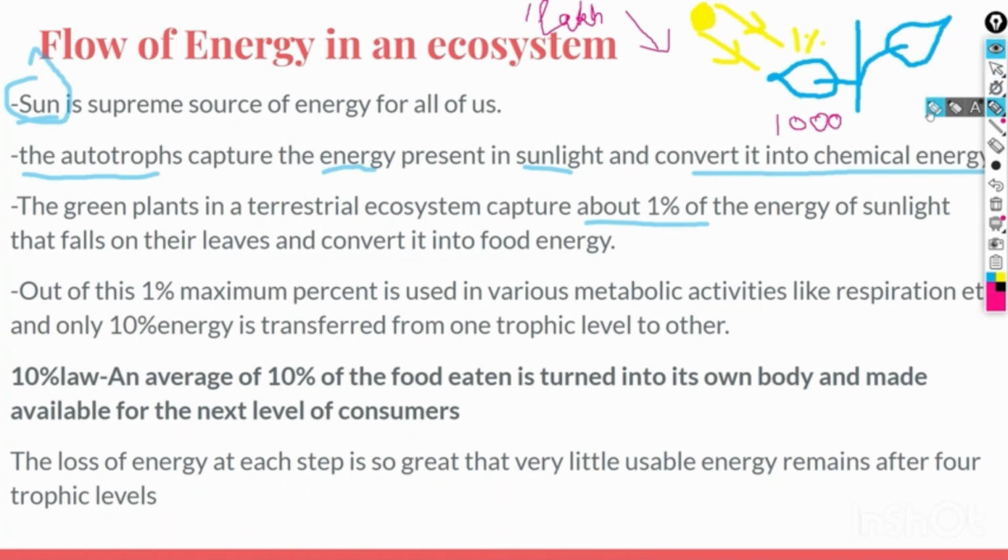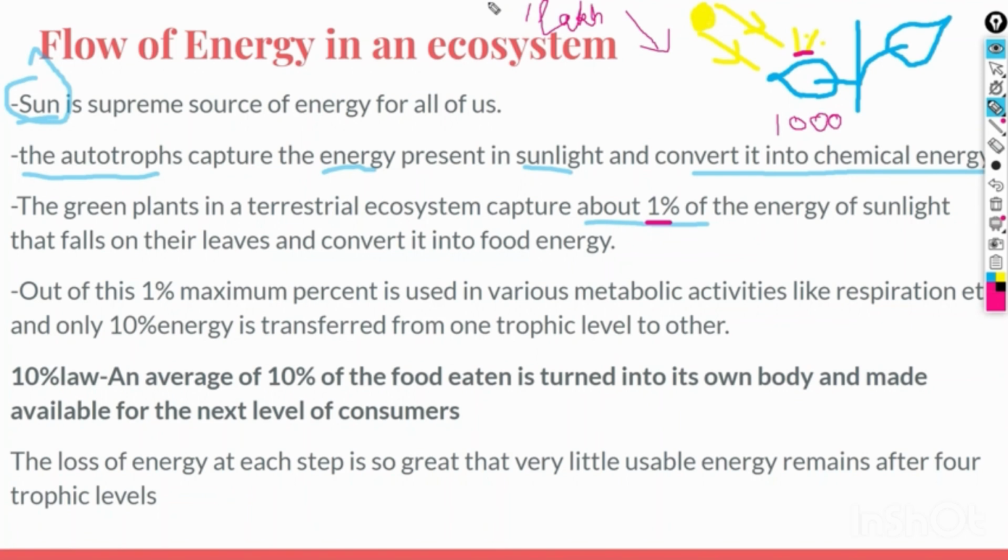Every day the sun gives us a lot of energy, so a lot of energy is being supplied to the leaves of the plant. But only 1% of this energy is actually converted to chemical energy and can be used as food. So the green plants in a terrestrial ecosystem capture only about 1% of the energy of the sunlight that falls on their leaves and convert it into food energy.